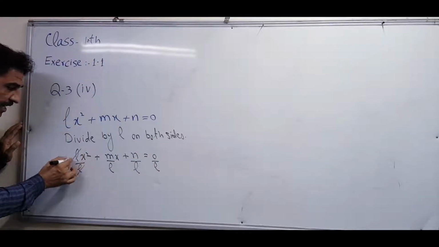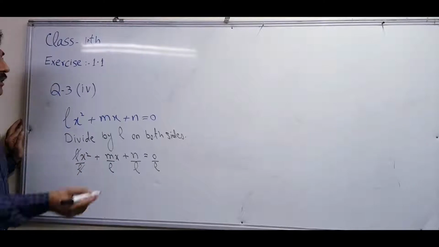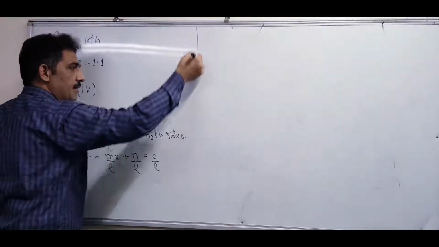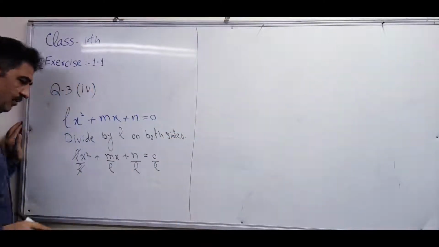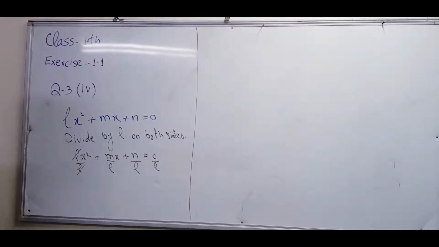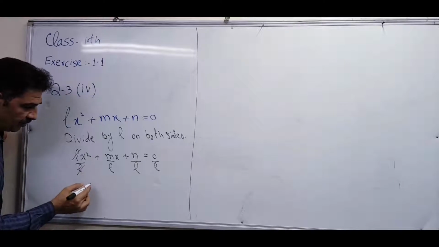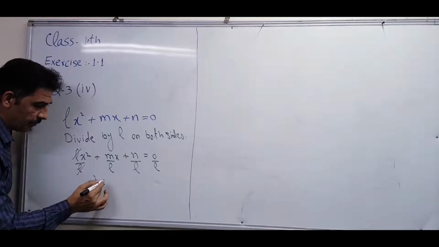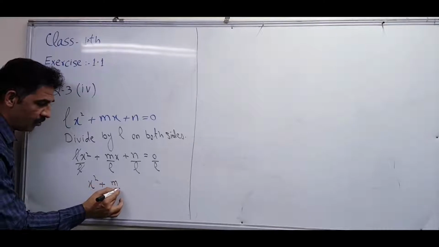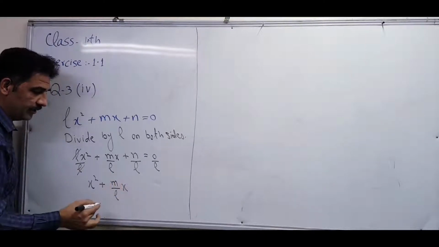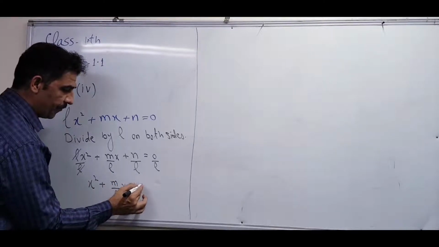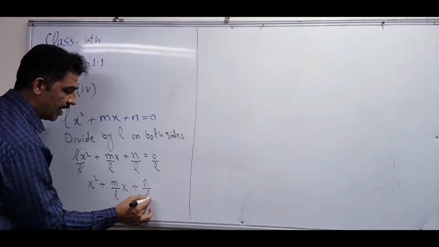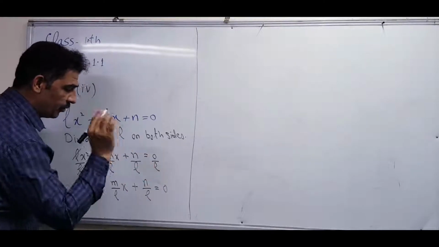L cancels by this L. There is no change on the other, and here 0 by L is 0. So one more line is simplified here, and we have to write x square plus m over l x plus n over l equal to 0.